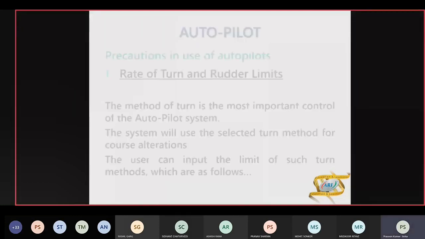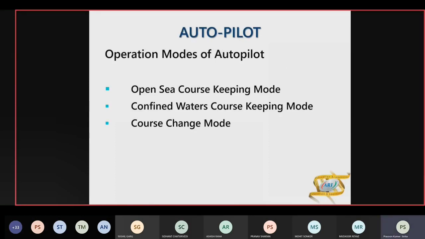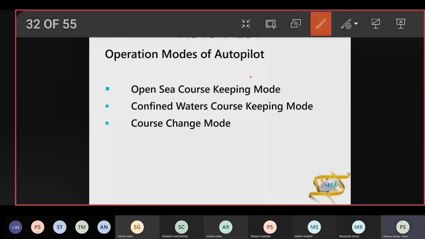So we go to the modes of autopilot. We haven't got much text written here, so we'll just discuss it. Of course, you have probably seen on the autopilot that there are two modes. One mode is course keeping mode, the other one is course change mode.